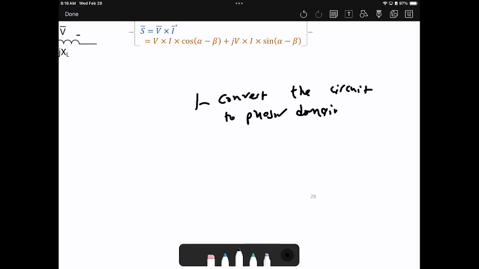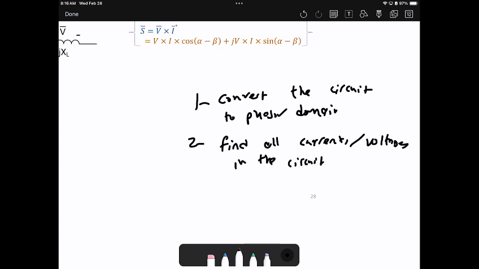Any voltage source or current source goes to the phasor domain, and any resistor, inductor, or capacitor becomes an impedance. The second step, find all currents, and voltages if you need, in the circuit. If you need all of the elements, calculate for all; if you need a certain element, then just for that element, depending on what you need.